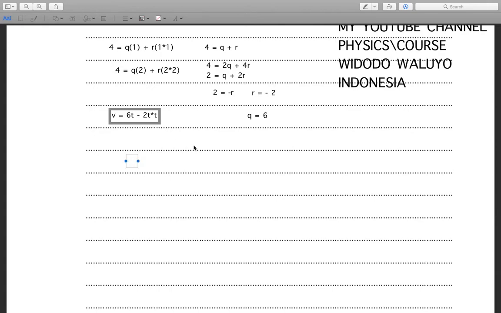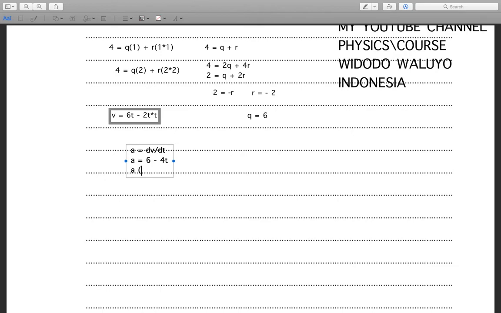Acceleration is the differential of v, dv/dt, so a equals 6 minus 2 times 2, which is 4, times t to the power 2 minus 1, so a equals 6 minus 4t.